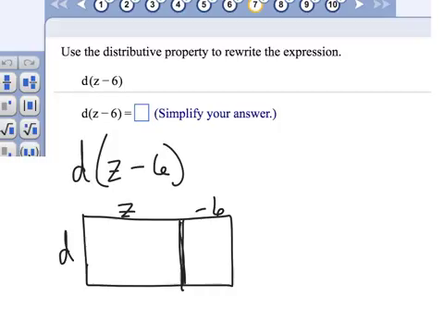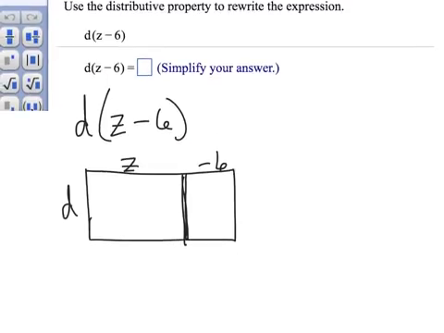So instead of thinking of it as one complete rectangle, d times the quantity z minus 6, because if you really want to think about it, you can think of this entire length down here as z minus 6. But I'm going to break it up into two pieces, z and minus 6.